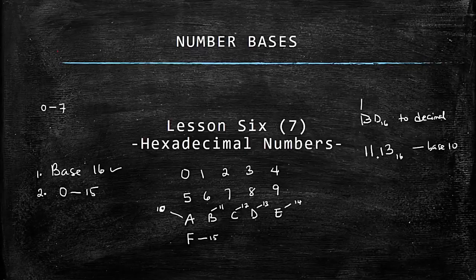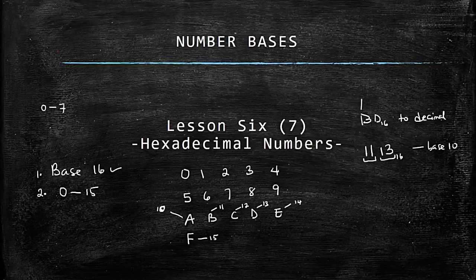You can see that we write these separately, because otherwise it would look like eleven hundred thirteen, as it would in, say, base 4. Since it's base 16, try as much as possible to separate them so that you don't get confused.